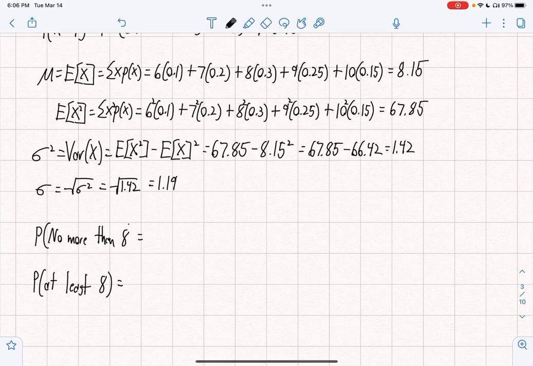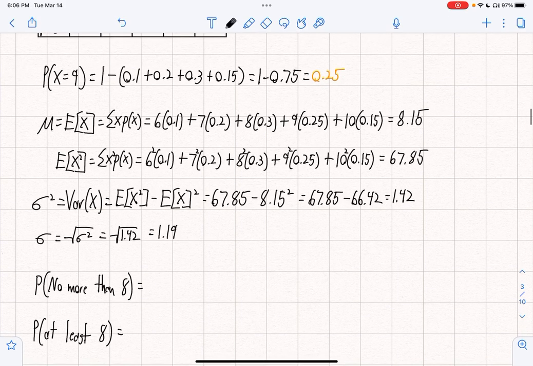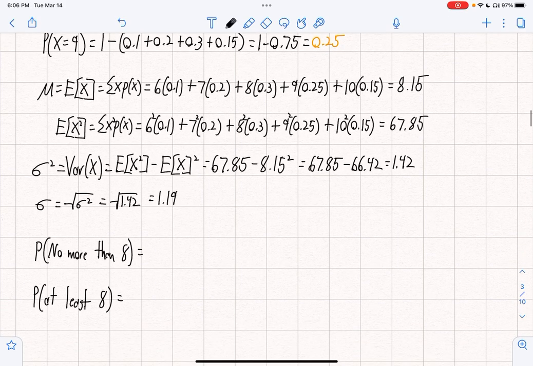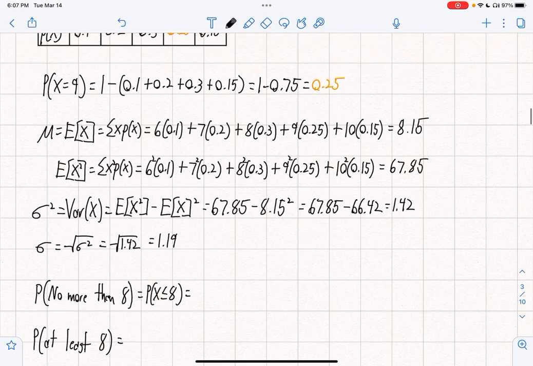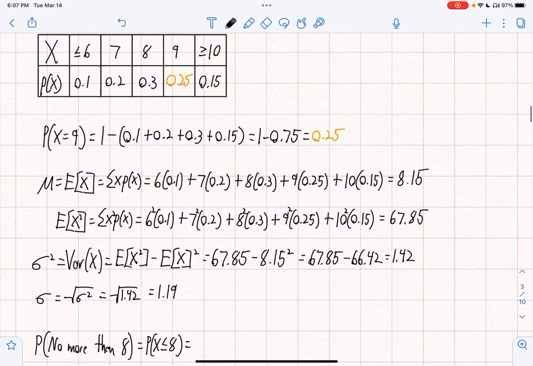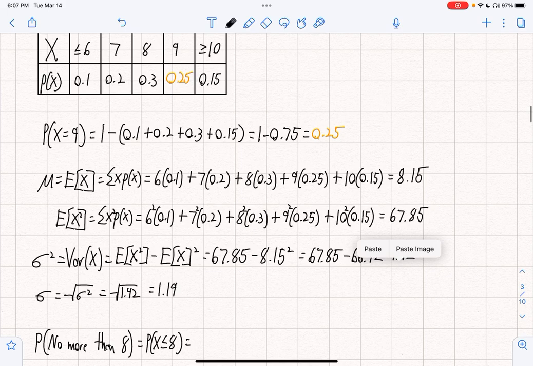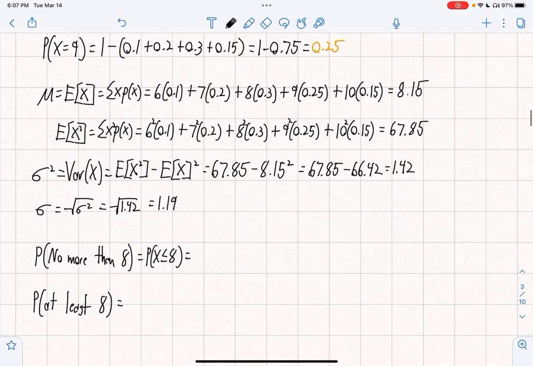Now we want the probability that we have no more than 8. So no more than 8, that would be the same as saying probability x is less than or equal to 8. So less than or equal to 8, that would include less than 6, 7, and 8.